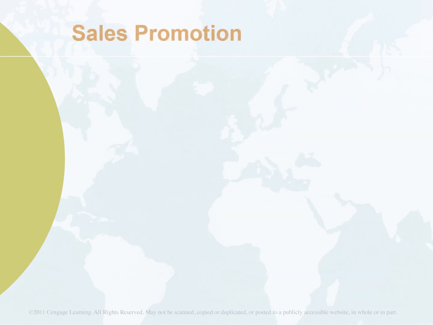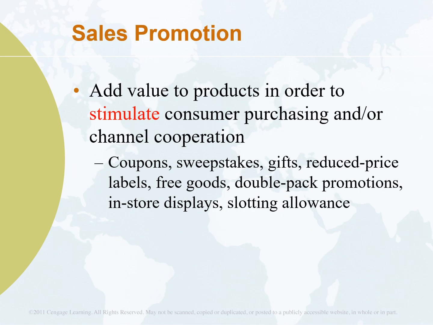That's the bidding process. Let's talk about sales promotions. Sales promotions target immediate sales and can add value to products in order to stimulate consumer purchasing and/or channel cooperation. You want to stimulate consumer purchase, make people buy right now, or get channels to cooperate with you.